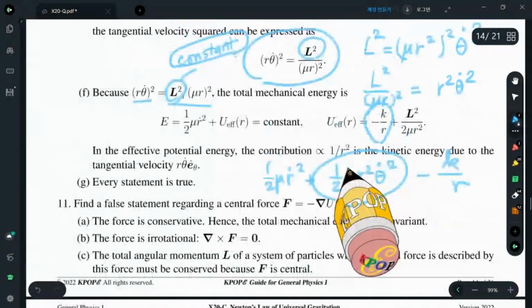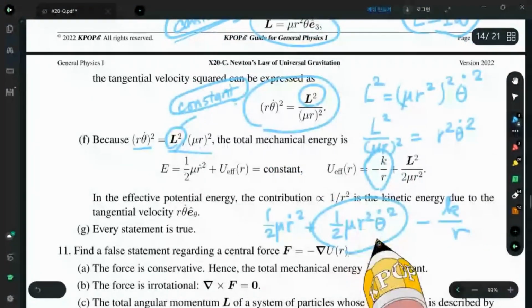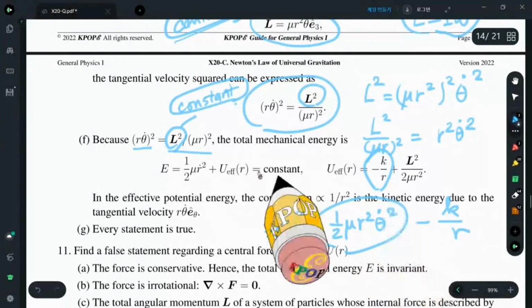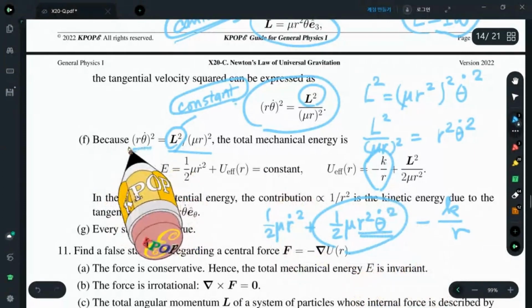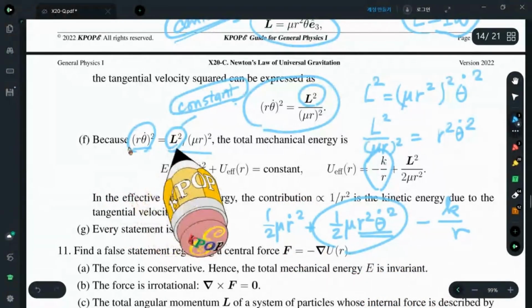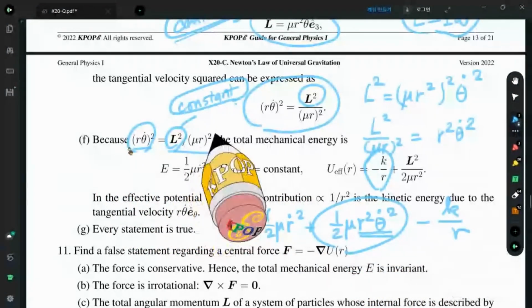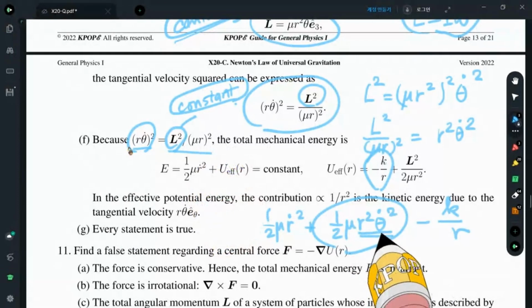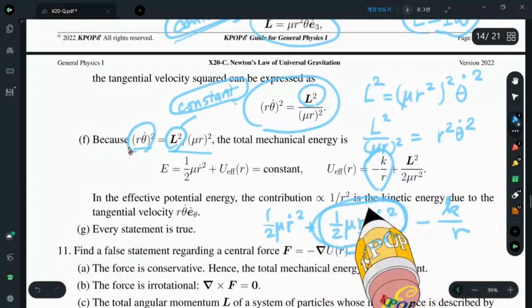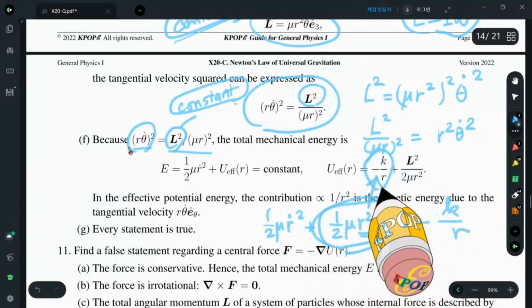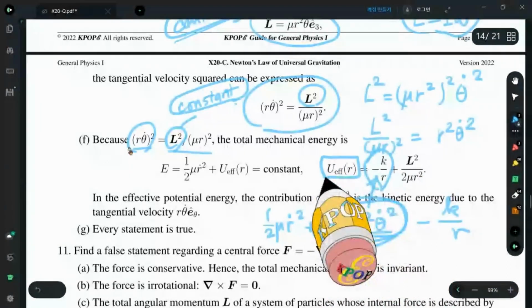This angular contribution, the rotational kinetic energy, can be expressed by replacing r squared theta dot squared with L squared over mu r squared. So the one half is here, and this part can be moved to this expression. So we define the effective potential energy of the two-body system.